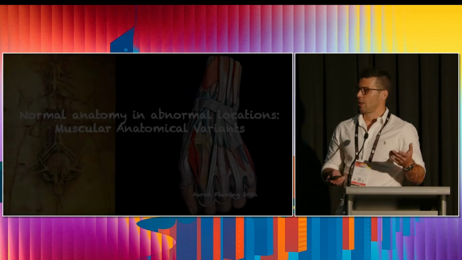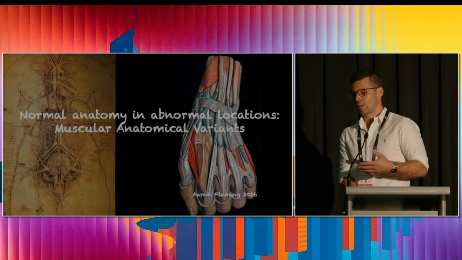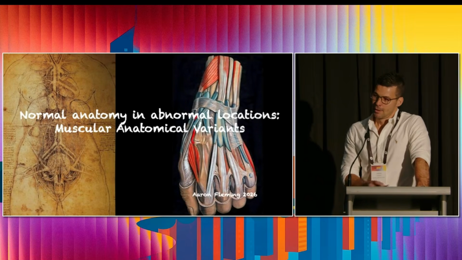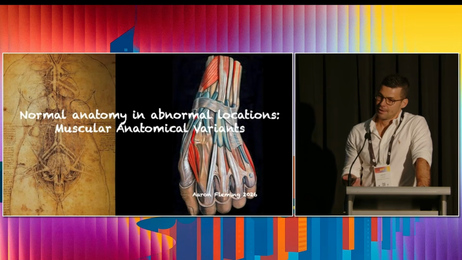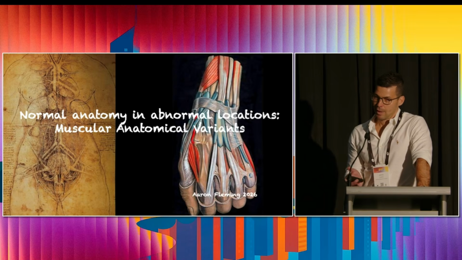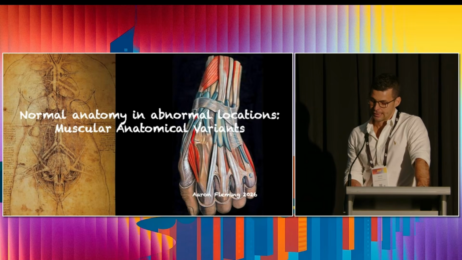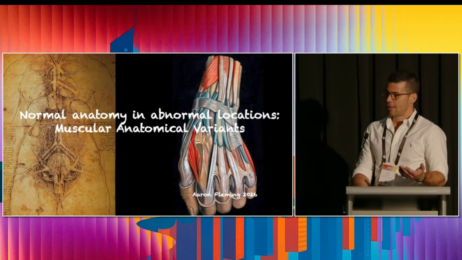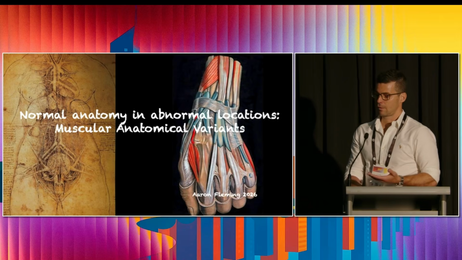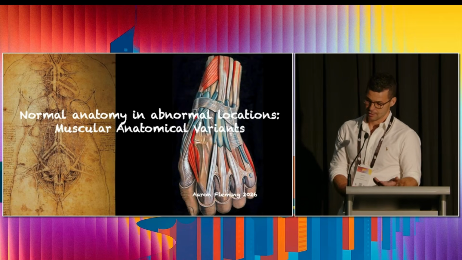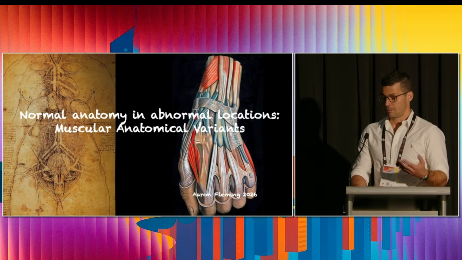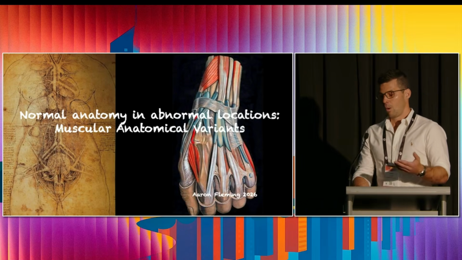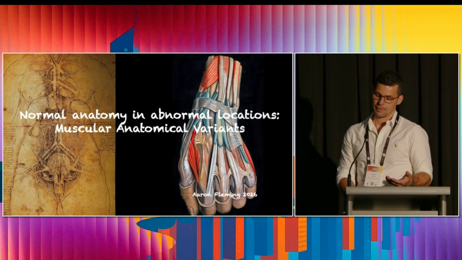Now, one thing that everyone here will at one point consider is, why do I need to know about anatomical variants and accessory muscles? Most of the time, they're a completely incidental finding and they have no bearing on the clinical question at hand. And that's true, often they are, but there are many other occasions in which anatomical variants can be mistaken for pathology, or an accessory muscle is the palpable lump in question, or the cause of the patient's compressive neuropathy.